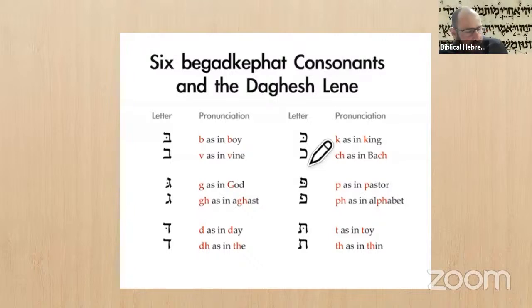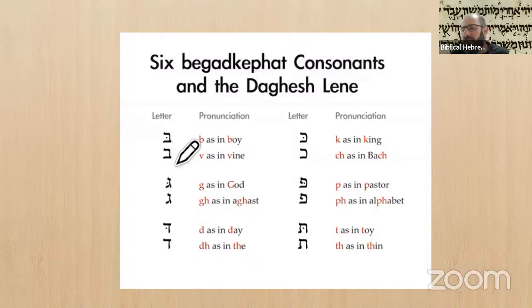And then we have the pe and the fe, like pastor, fe like alphabet. Then tet like Tony or toy. Then the like thin. And then we have bet, which we're going to learn today, with a dot it is like be. Be, dagesh, from the top of your lips, with strong air blowing. You close your lips and you say be.